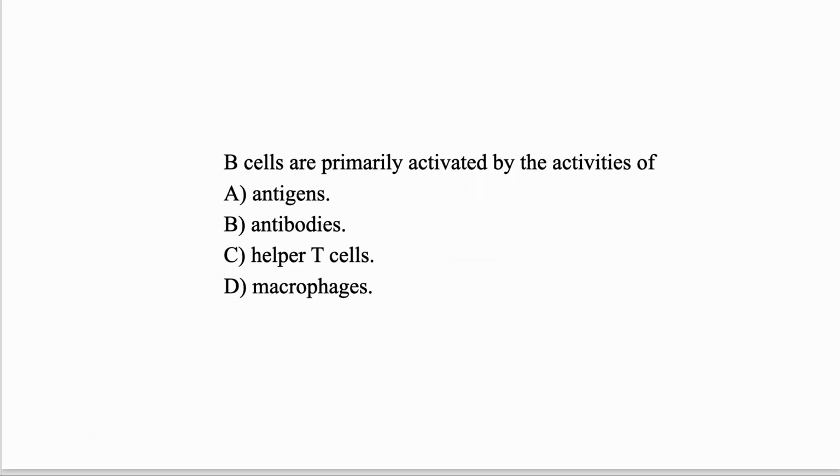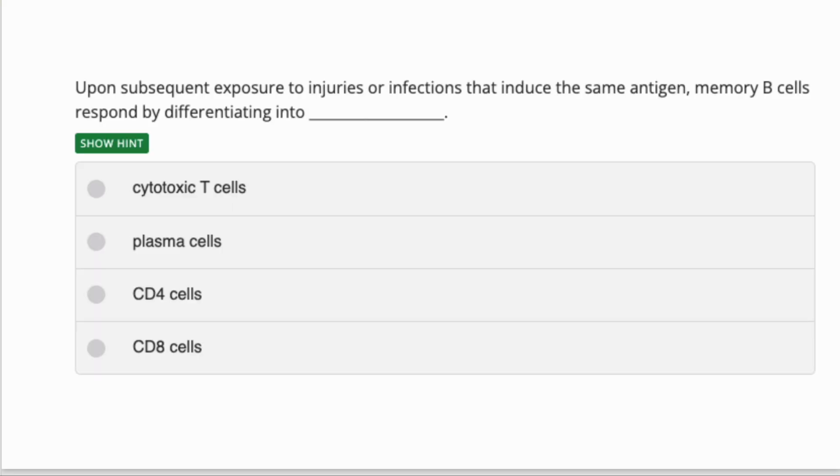Okay, here's a quick question. Pause your video if you need time to read it. B cells are primarily activated by activities of helper T cells. Absolutely. How about this one?